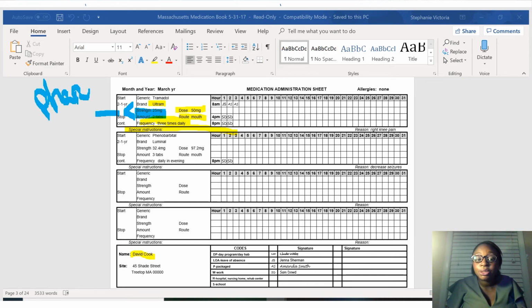And that's extremely important for you to know right off the jump, right from right now, because it's going to save you errors. When you get to transcription, I'll open up these forms again. If you start jumping back and forth between the med sheet and a pharmacy label, there's a probability that you will put strength where dose is, dose where strength is, and you'll get yourself all mixed up.